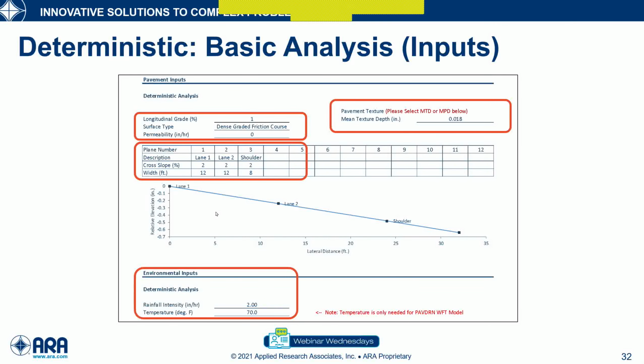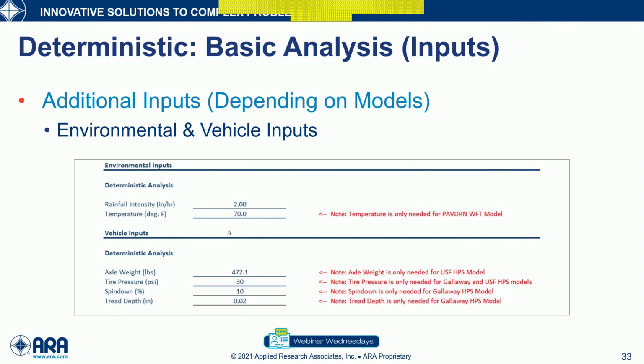And here, unlike the risk analysis option, which we'll be looking at next, where the prediction is defaulted to Gallaway for the water film thickness and PAVE drainage for the hydroplaning speed, here on the basic analysis, you may select one or more water film thickness or hydroplaning speed models. And as a reminder, the hydroplaning tool offers 4 different models for the water film thickness prediction and 3 different models for the hydroplaning speed.